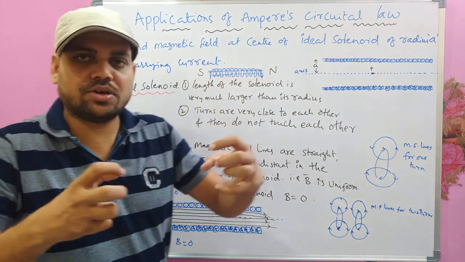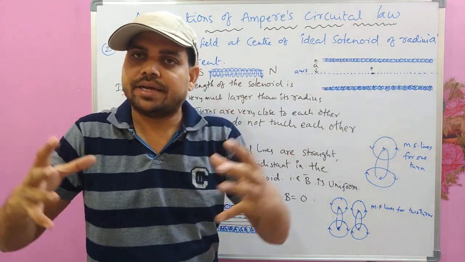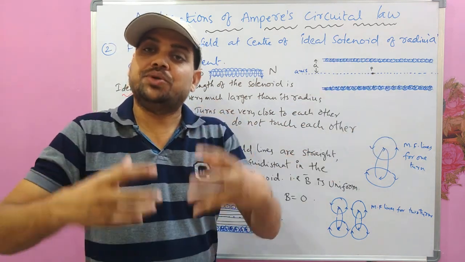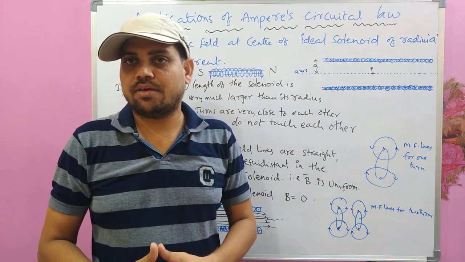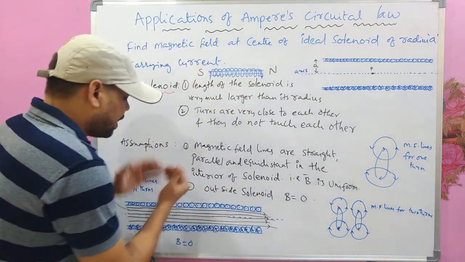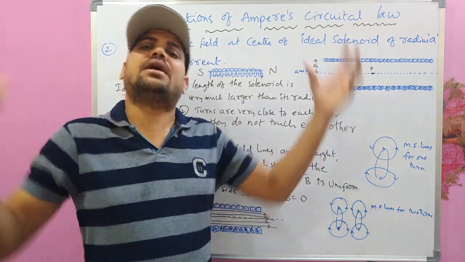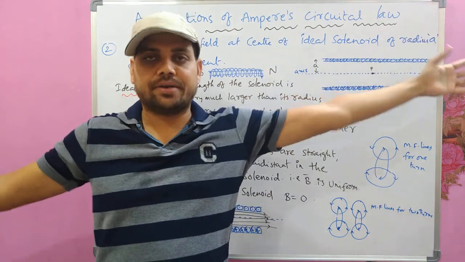As the length of the solenoid is increased, the magnetic field will become uniform in the interior of the solenoid, and the magnetic field outside the solenoid will become weaker and become 0 for an ideal solenoid.